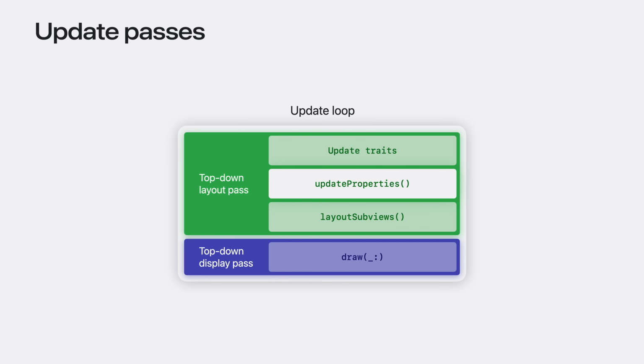Because the trait collection is updated before updateProperties runs, you can safely read it there. And since it always precedes layoutSubviews, you can invalidate layout inside it, and the layout pass will run immediately afterward.